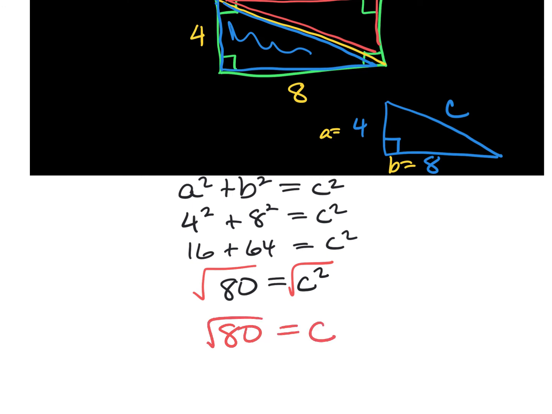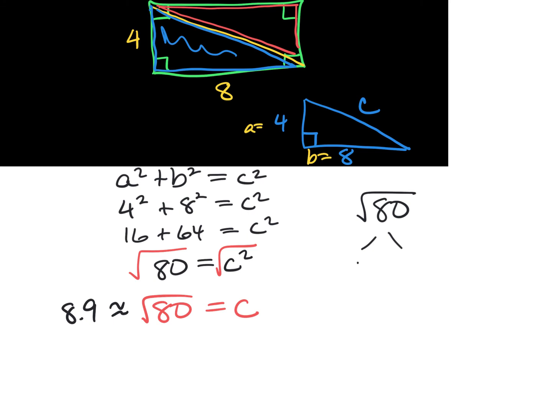But I need to break it down. It must be in simplest radical form. So on the quiz, technically if you did square root of 80 on your calculator, this is actually approximately equal to 8.94. So if you round to the tens place on the quiz, I'm going to mark it wrong. I want to see it in simplest radical form.